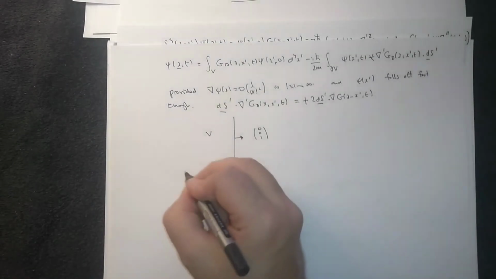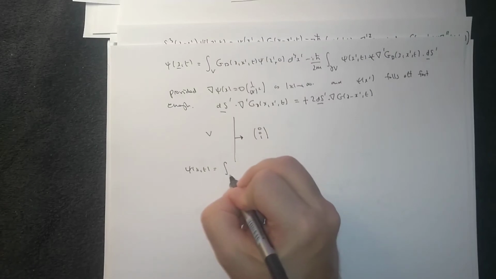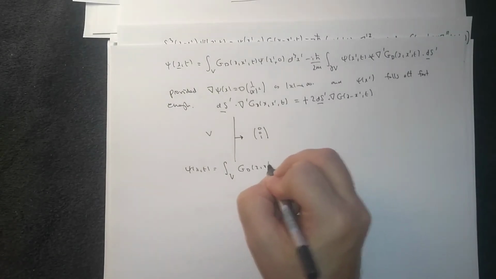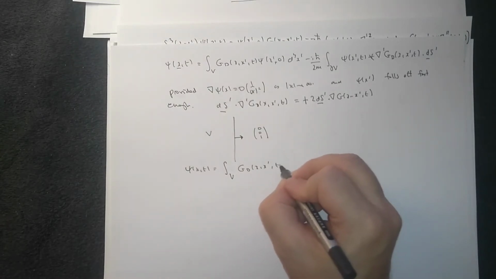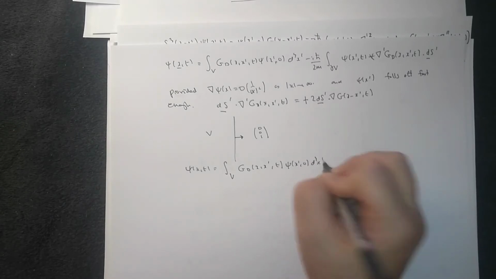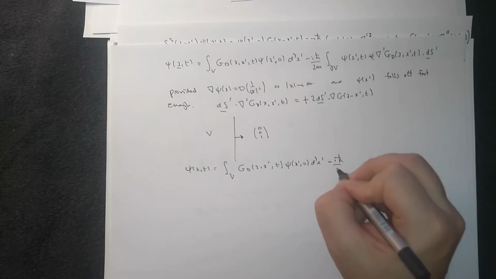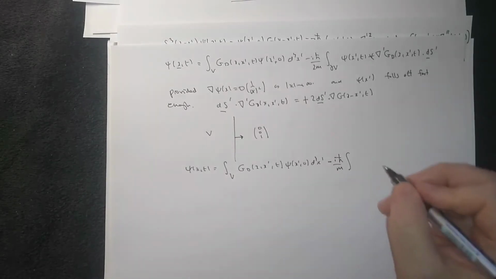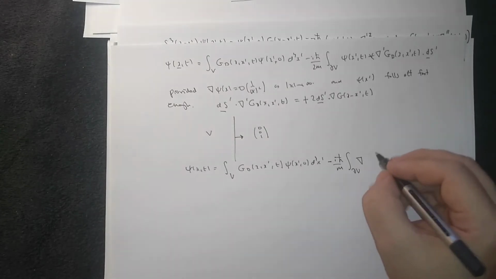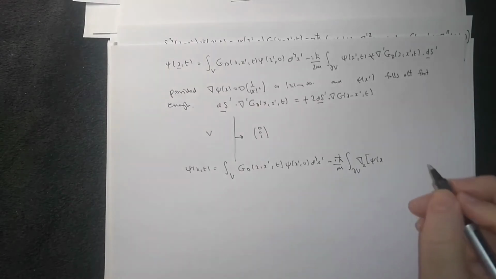So psi of x and t is the integral over V of g_D of x and x primed at time t, psi of x prime 0, d3 x prime, minus i h bar over m, the integral over the boundary of V, times the gradient of psi, that's with respect to x now.